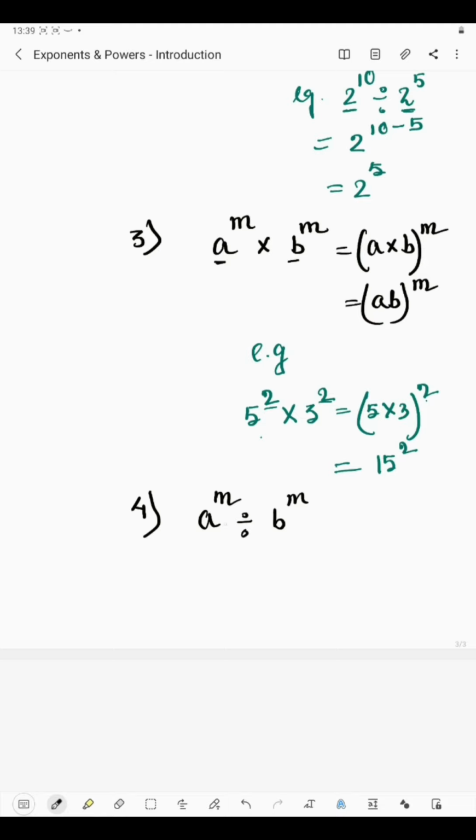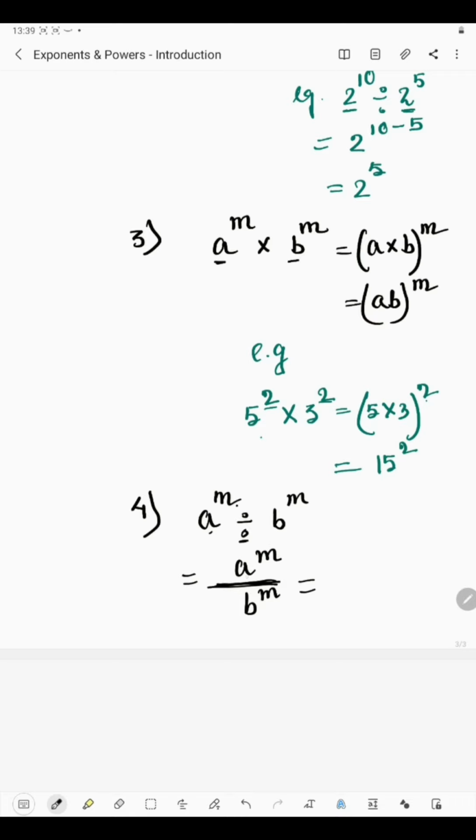So a to the power m, divide sign we will give like this, and b to the power m, because a is raised to the power m divided by b is raised to the power m, so I have written in that way only, but divide sign I have given in this way.